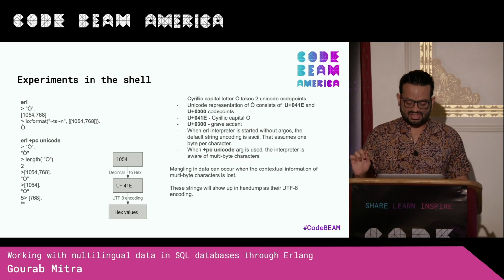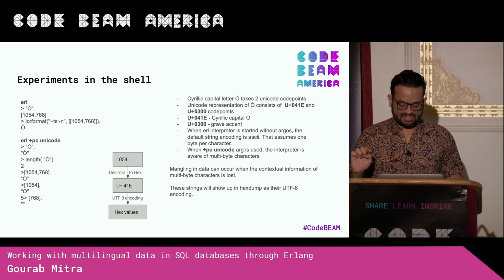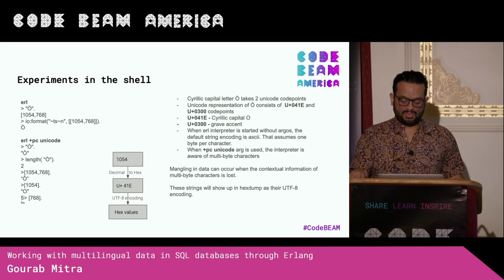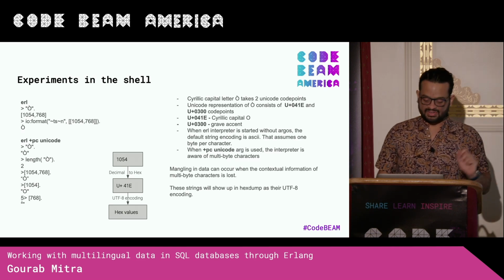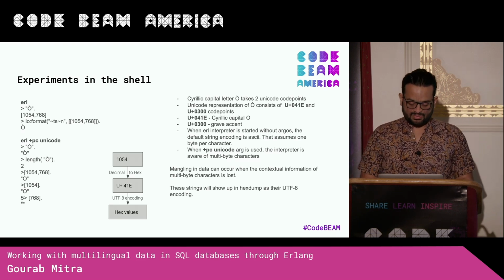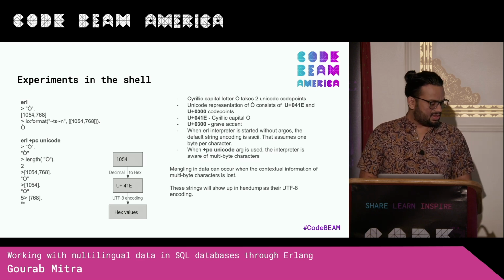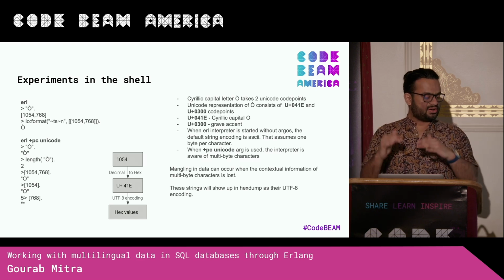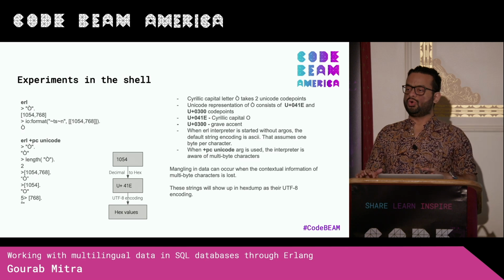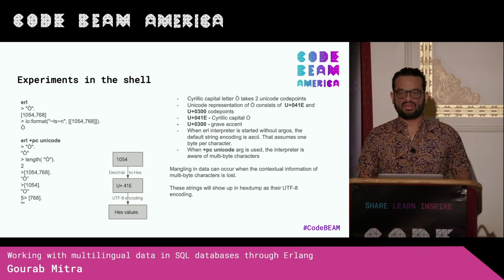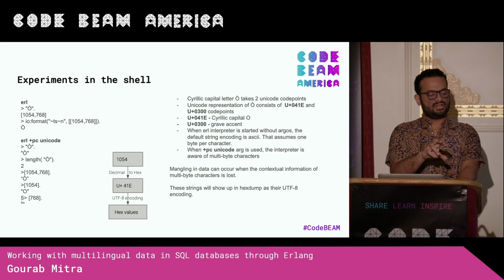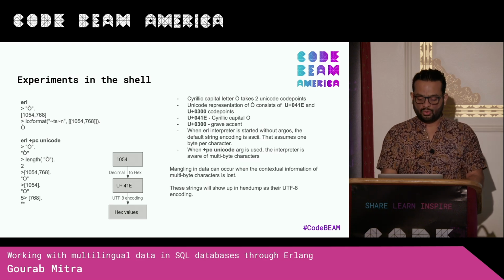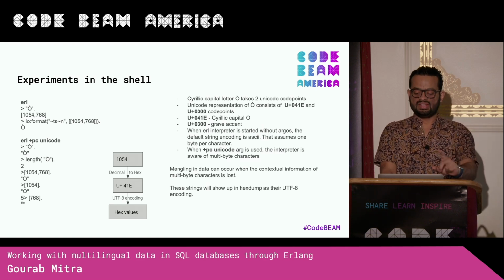The grave accent is U+0300, which is the hexadecimal representation of 768. If you note where we are in the process, we have not talked about encoding at all here. We have just translated decimal numbers that we see on the shell to Unicode code points. Encoding is the next step.